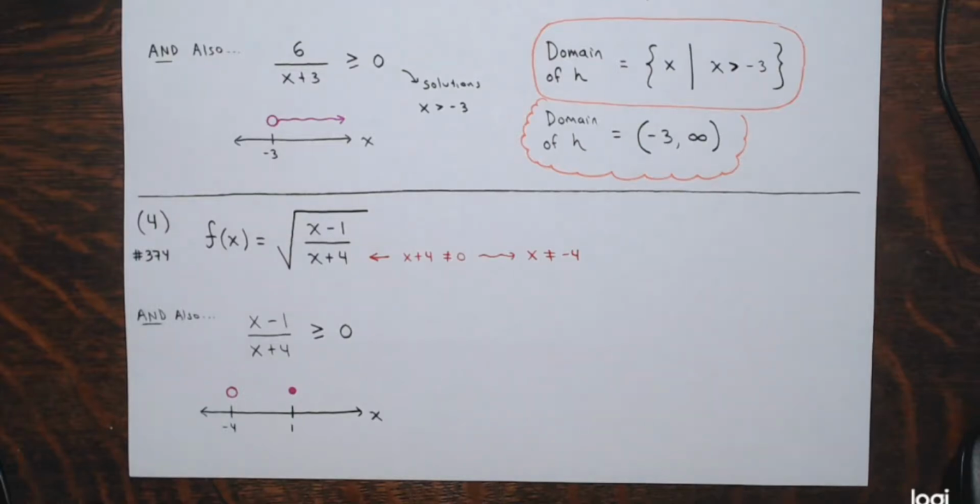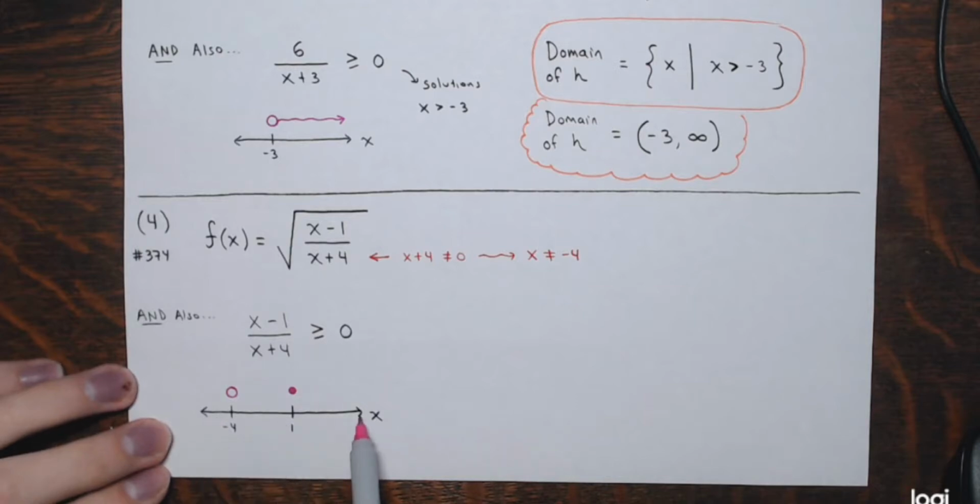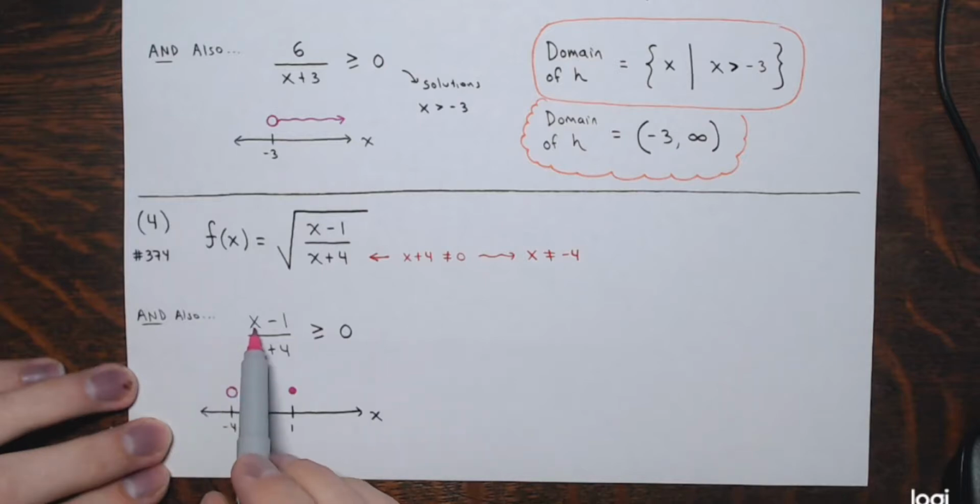Now these critical numbers, negative 4 and positive 1, break up the number line into 3 intervals. Numbers to the left of negative 4, between negative 4 and 1, and to the right of 1. So I just pick a number from each of them. How about negative 5? If I plug in negative 5, does it satisfy this?